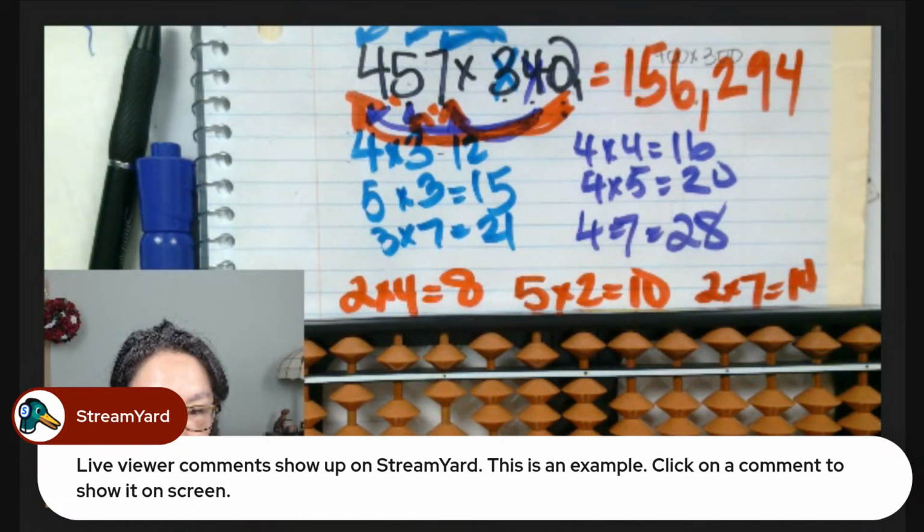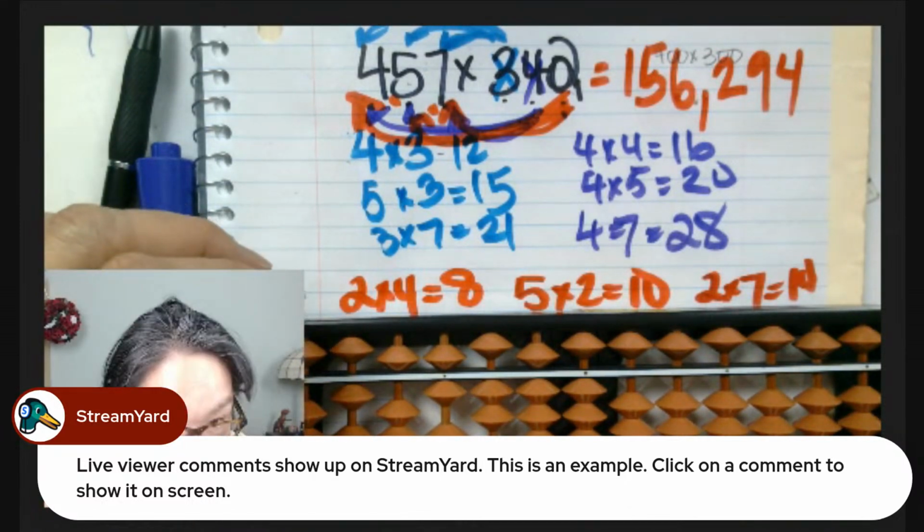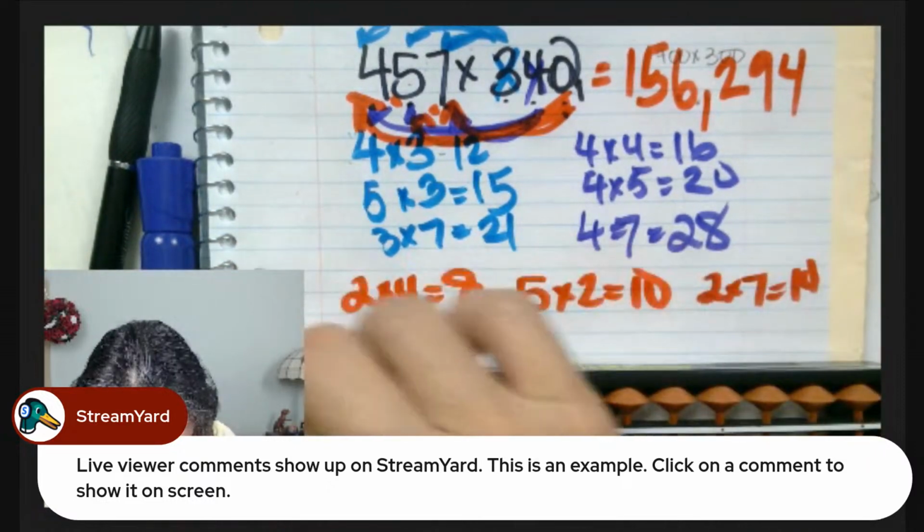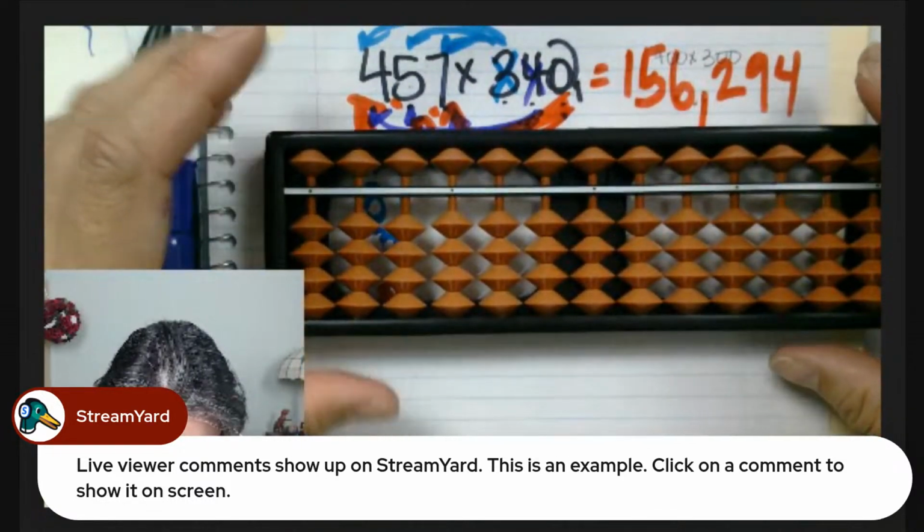Let's see. 457 times that by 345. No, I'm wrong. So I did mess it up. That's not right. So now I got to do it again.